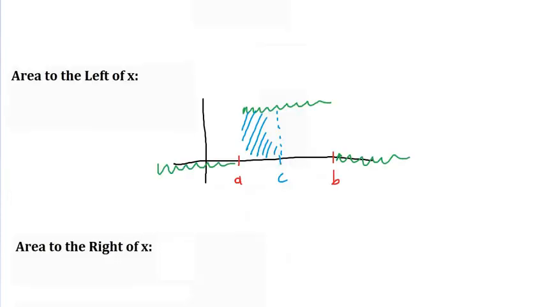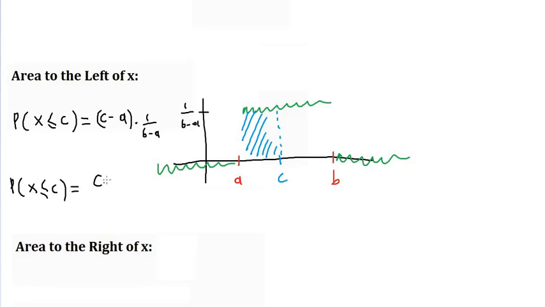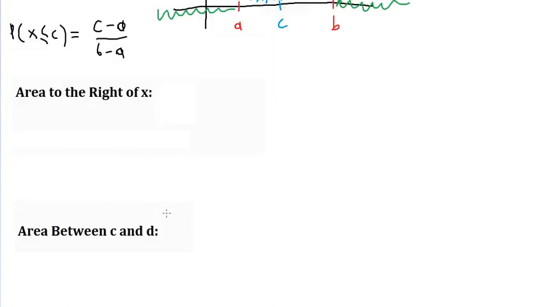So the probability that x is less than or equal to some value c is the area of this rectangle, which is base times height. We know that base is c minus a, and the height is 1 over b minus a. So the probability that x is less than or equal to c is equal to c minus a over b minus a.